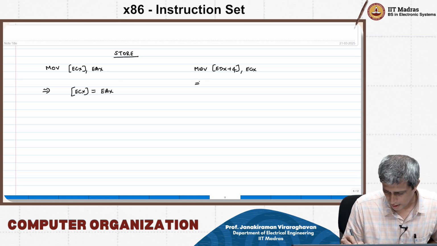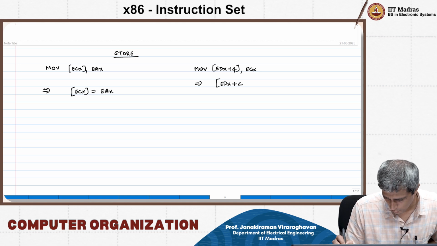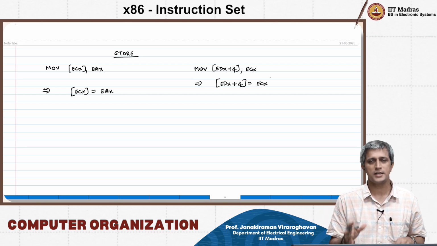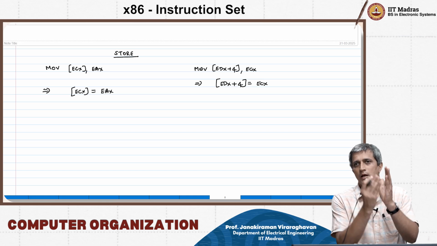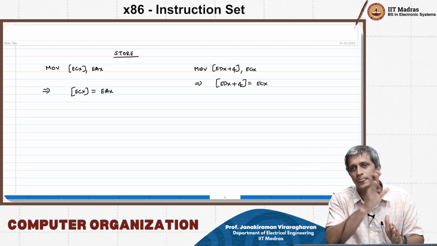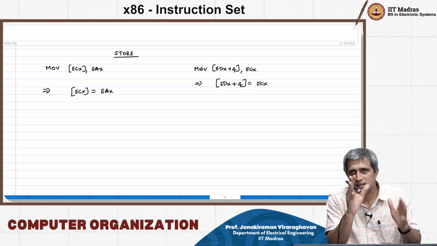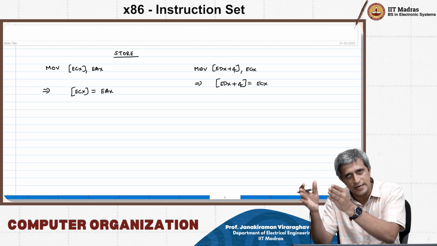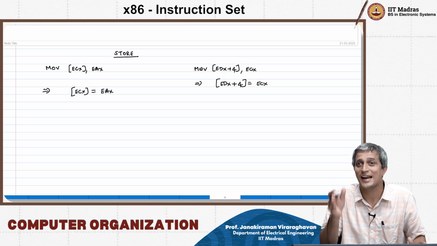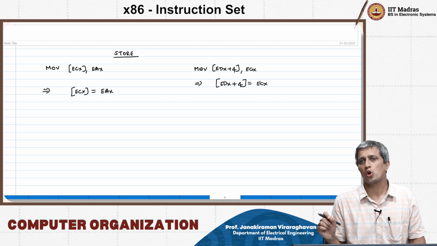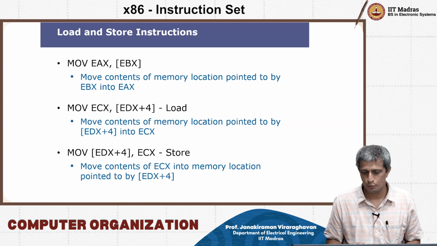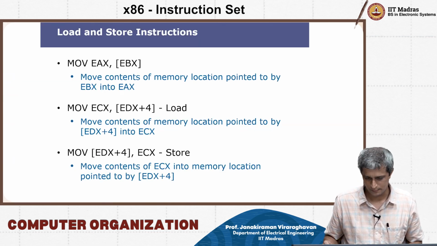So what will happen here implies you are doing EDX plus 4 equal to ECX. That is, you are taking EDX, adding a fixed offset of 4 to it, placing that on the address bus, then placing the value of ECX into the data bus and asserting the write operation into memory. So that's why this is called a store operation in computer organization parlance, right?